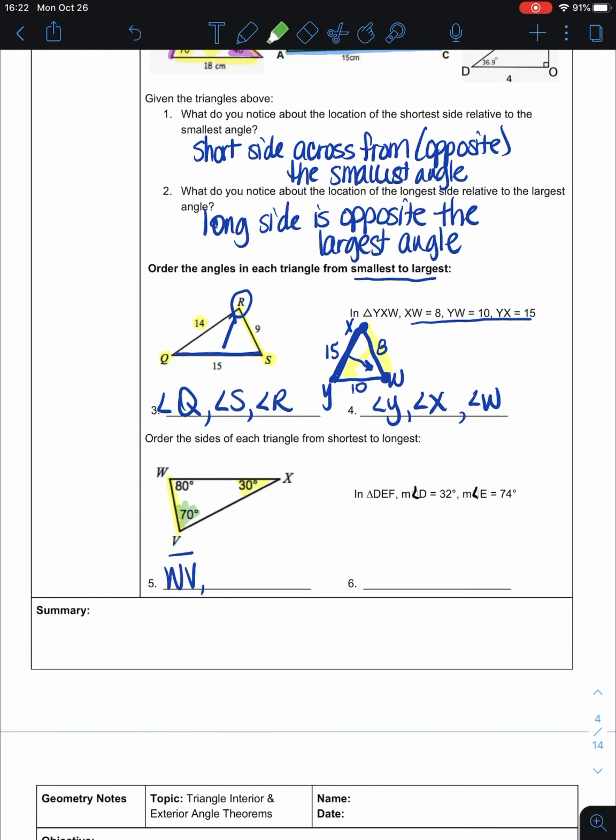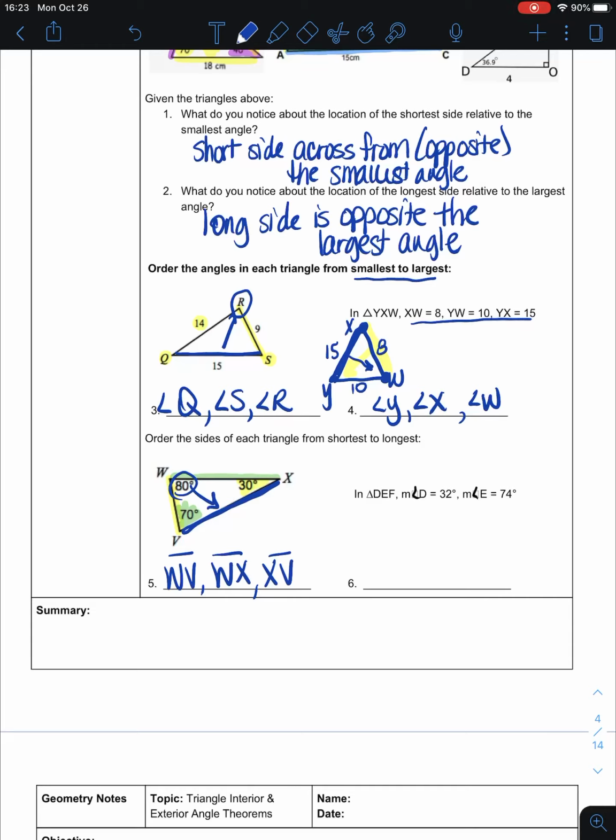Then my next angle is this 70-degree angle. It is across from WX, so WX is my medium length. And then VX is my longest side because it's across from this 80-degree angle. So it would be VX or XV, either one. Now, you might be missing those little angle symbols, but that's what should be there.